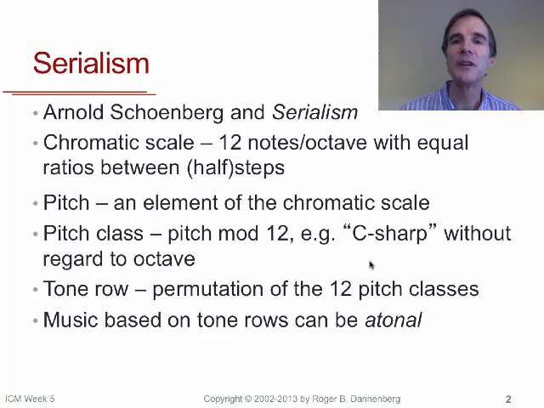He wanted to develop a system and a theory of music that sort of denied the existence of tonality or took us away from tonality and scales. And so serialism is based on the chromatic scale, all 12 notes per octave with equal ratios between half steps.